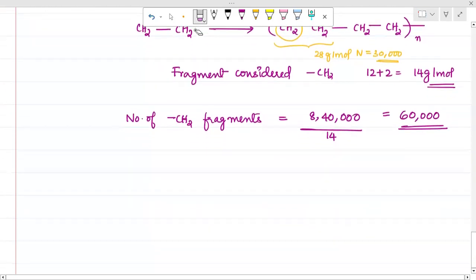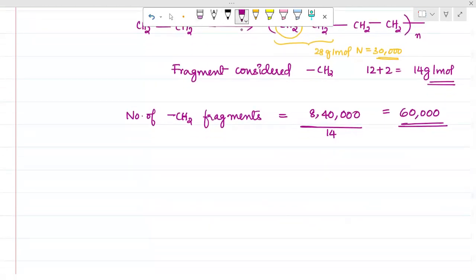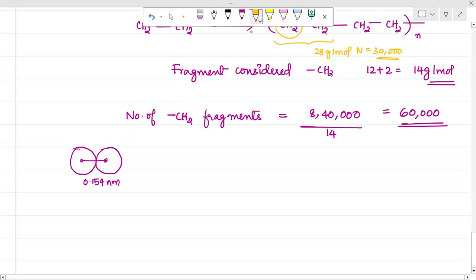All right, so that is done. Now we need to find L. Already they have given the carbon-carbon distance. So let's say this is carbon and this is another carbon. This distance is what is given as 0.154 nanometers. So we have a CH2 fragment, we have another CH2 fragment.